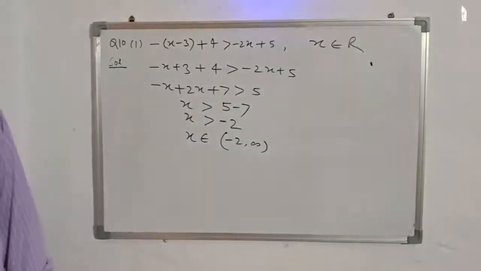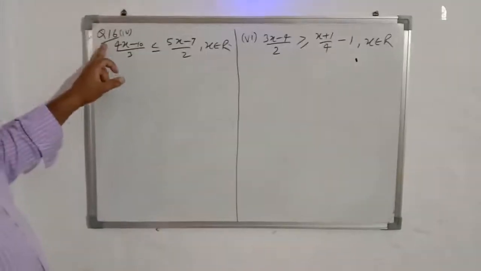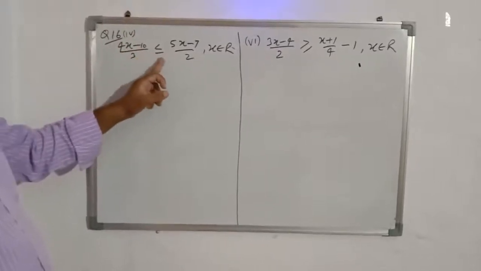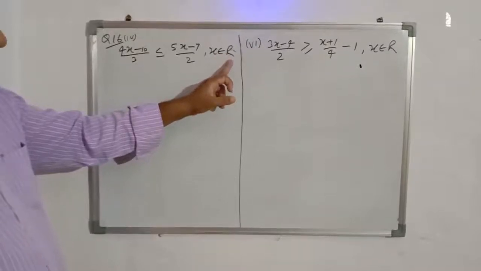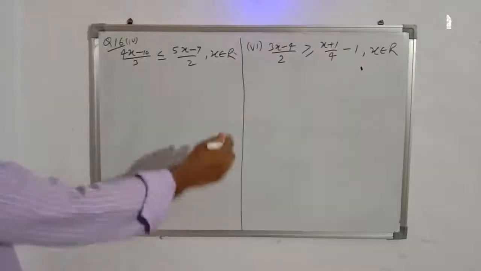Now we will see some more parts from question number 16, fourth part: (4x minus 10) by 3 less or equal to (5x minus 7) by 2, where x belongs to the set of real numbers. Here the replacement set is the set of real numbers.